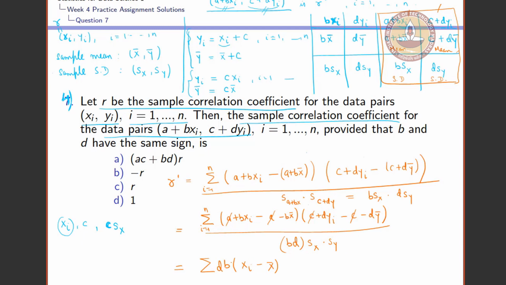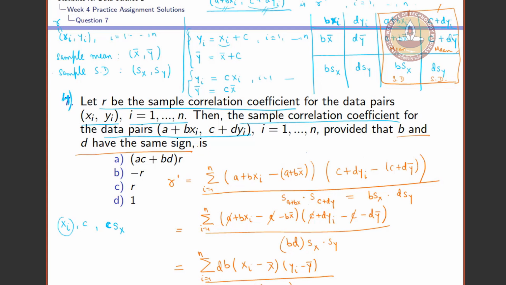So this is yi minus y bar, divided by bd sx into sy, i varying from 1 to n, where x bar is the sample mean for xi, y bar was the sample mean for yi, sx was the sample standard deviation for xi, and sy was the sample standard deviation for yi.